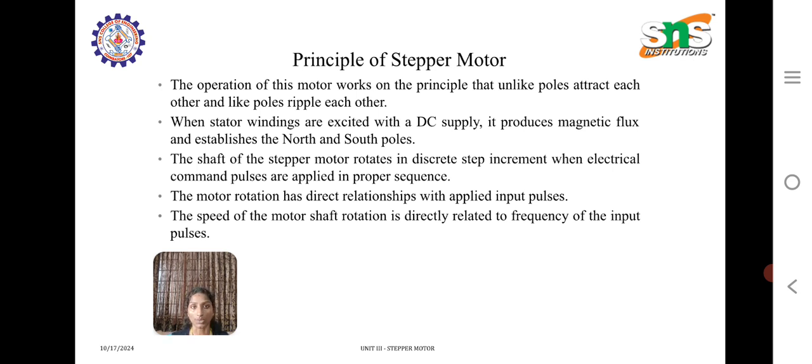We will have a drive circuit for the stepper motor which will give the input pulse. The motor rotation has a direct relationship with the applied input pulses. The speed of the motor shaft rotation is directly related to the frequency of the input pulse. So this is the basic principle of the stepper motor, that like poles repel each other and unlike poles attract each other.